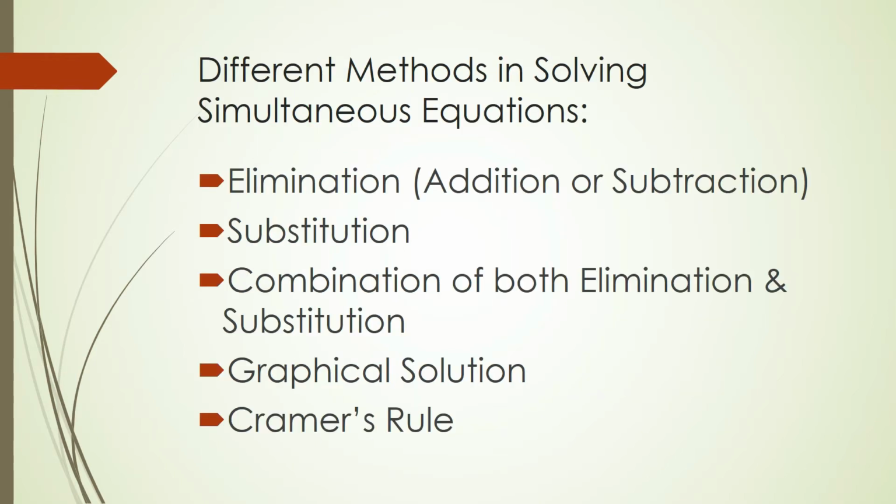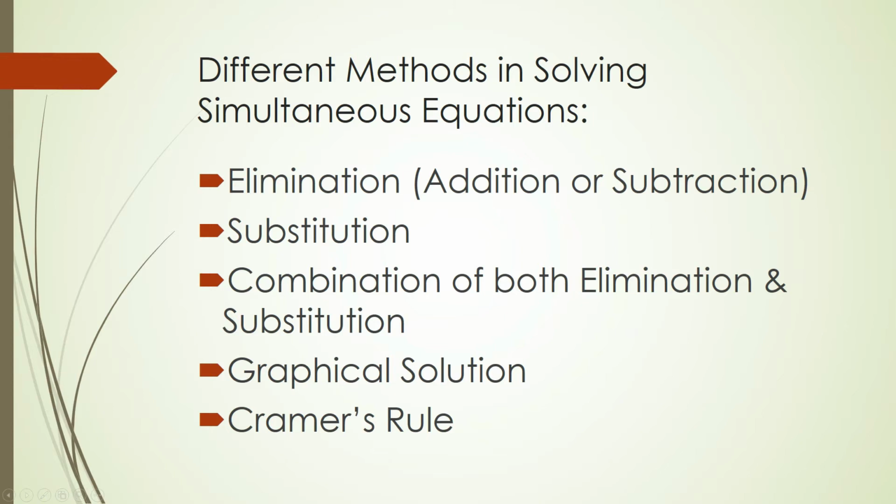There are several different methods in solving simultaneous equations, and I will demo them one by one, except for the last one, which is Cramer's rule, which is a different tutorial video. First is elimination by addition or subtraction. Secondly is the substitution method.